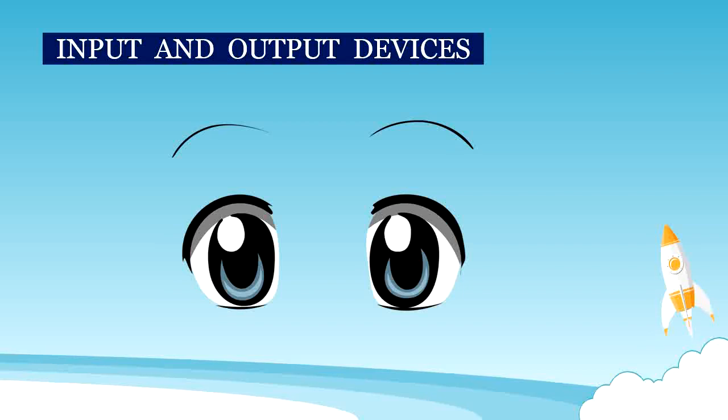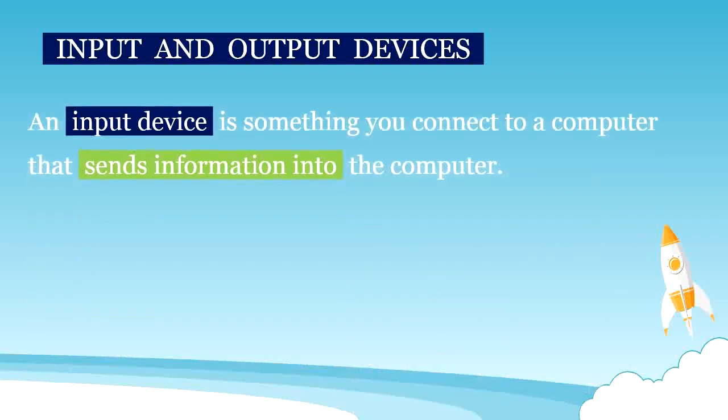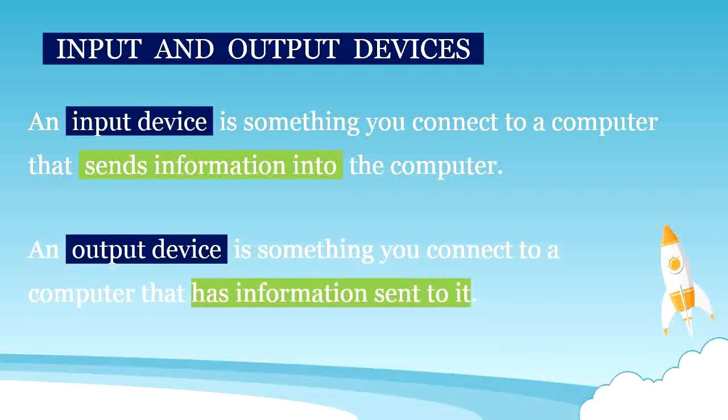The computer works in a similar way. An input device is something you connect to a computer that sends information into the computer. An output device is something you connect to a computer that has information sent to it.